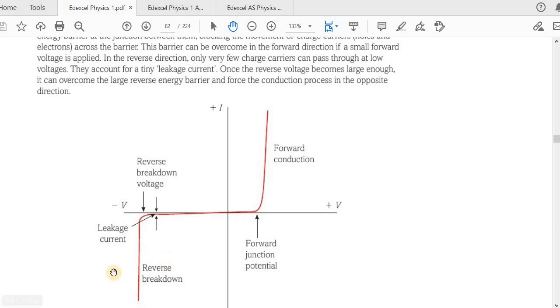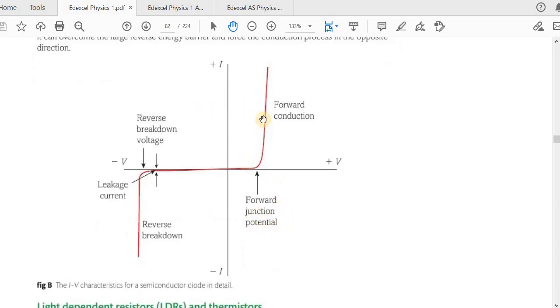So far we didn't learn about this, but we learned this in the previous part of this chapter 3.1. We saw this, but we didn't see this part. But you can see this can happen once the reverse voltage becomes large enough. It can overcome the large reverse energy barrier and force the conduction process in the opposite direction.